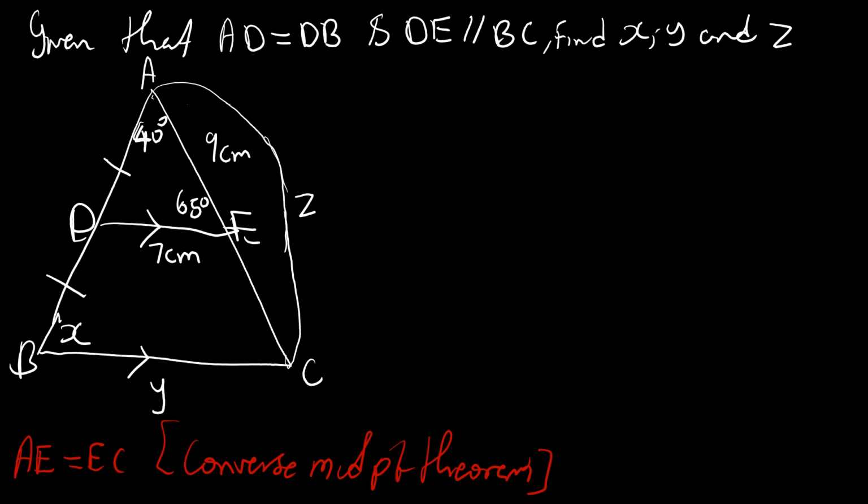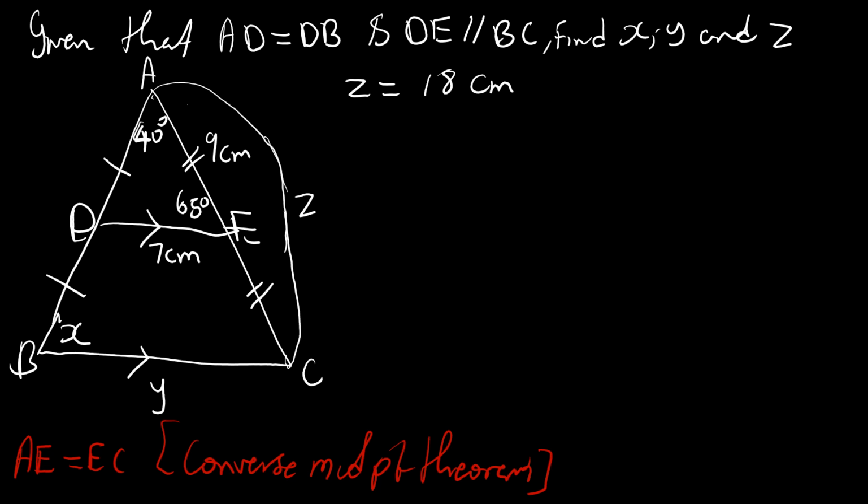You must know all of them and what they are saying. So it means AE now is equal to EC. We provided a reason. We don't have to say AE is equal to EC without the reason. So it means Z is going to be 9 plus 9, which is 18 centimeters. All right, that's how we're going to get our Z.